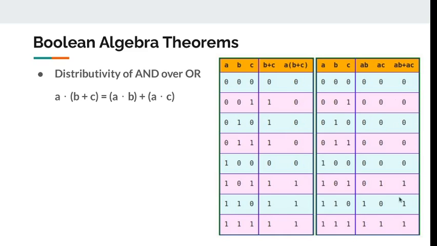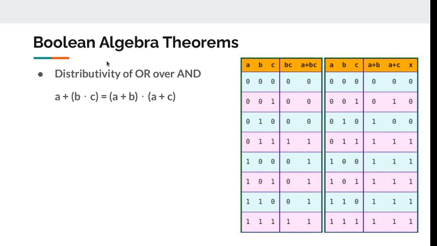So we can see that this behavior is the same as what we have here. So by exhaustion, checking all the possibilities, you can see that A and (B or C) is the same as A and B or A and C. This is the distributivity of AND over OR.